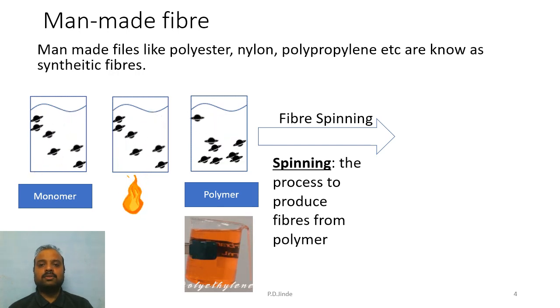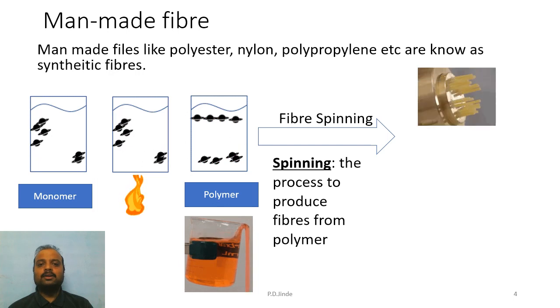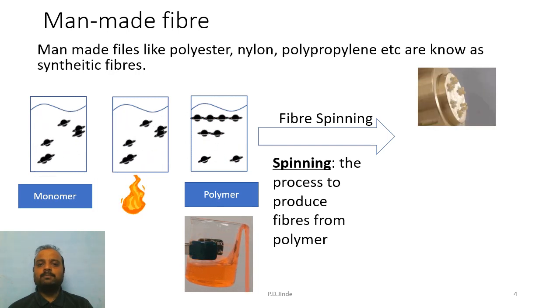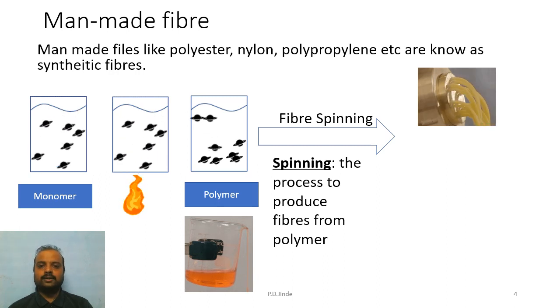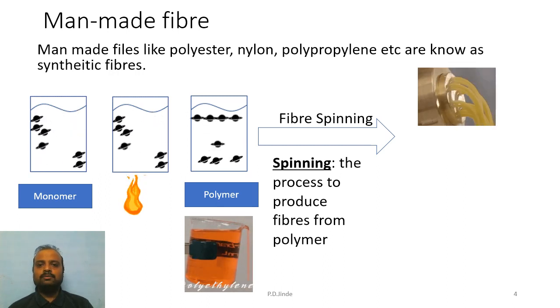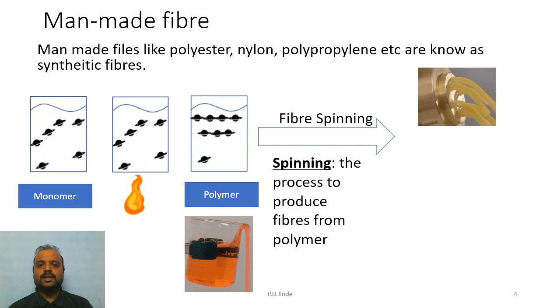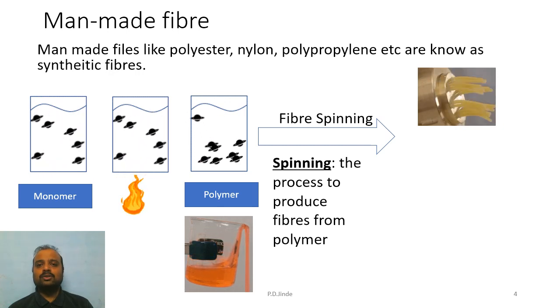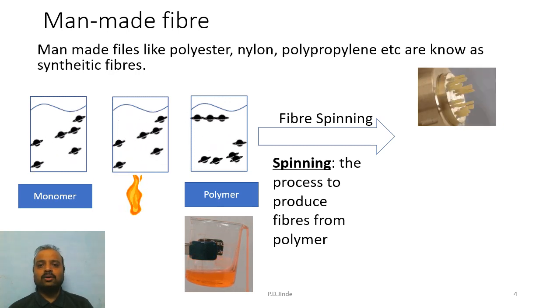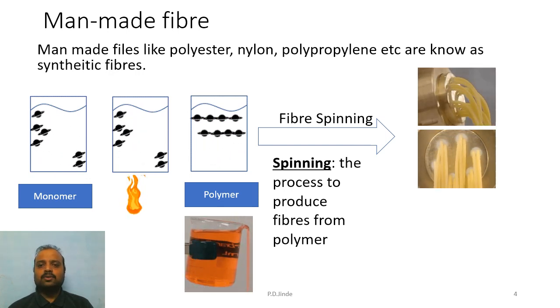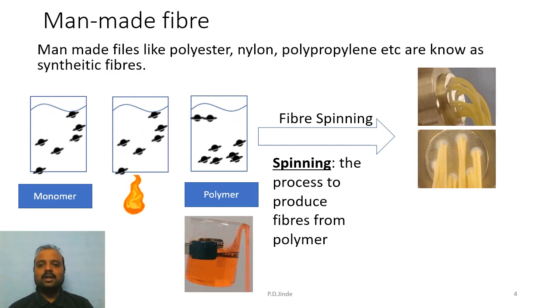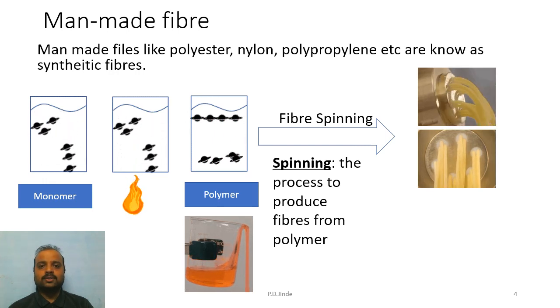That is the main question. Polymer is further heated and passed through the die, which has small holes in it. When polymer passes through these holes, it takes shape like a thick strand or filament, as shown in this figure. This process is generally continuous and known as the extrusion process.